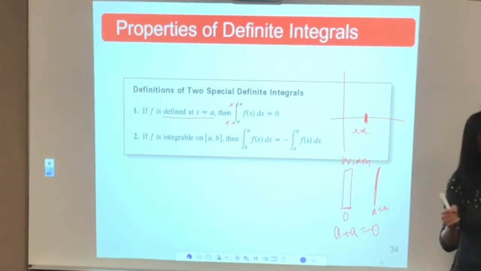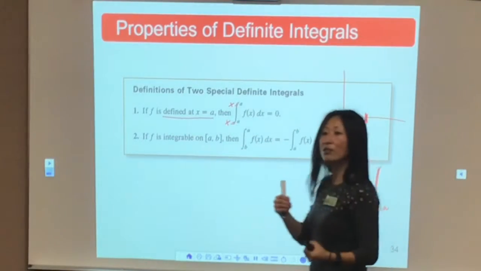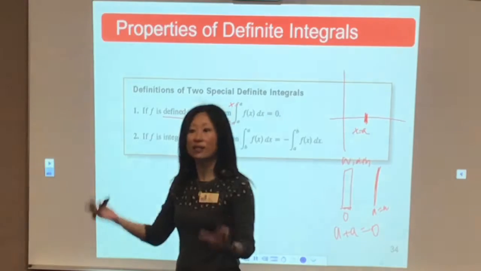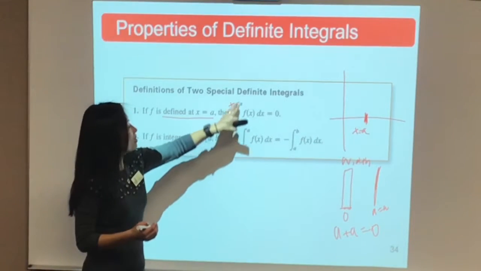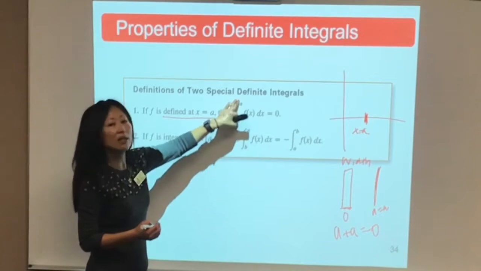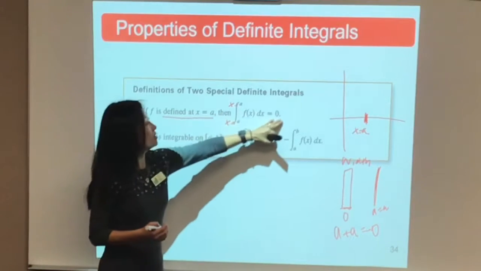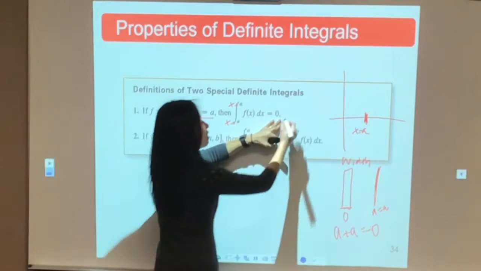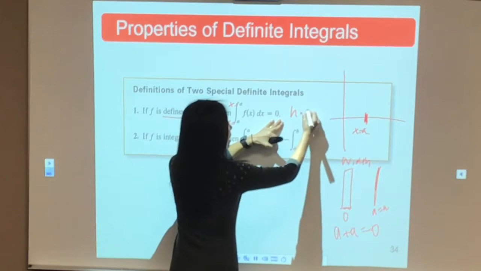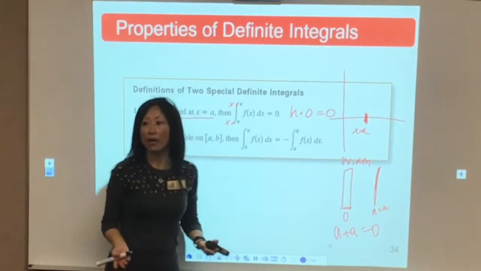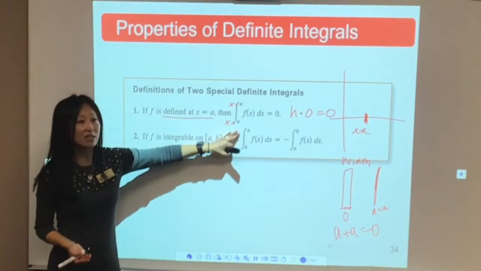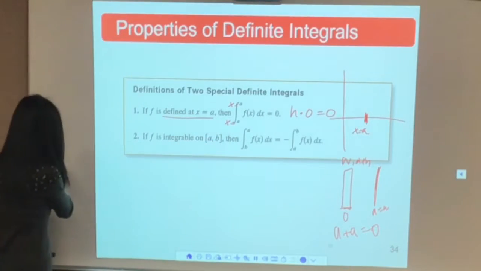So you don't have any width. That means 0 times any height is what? 0. So that's why if the upper limit and lower limit are the same, your area is 0, because you can think of height times 0. Of course it's 0, right? Does it make sense why this is equal to 0?